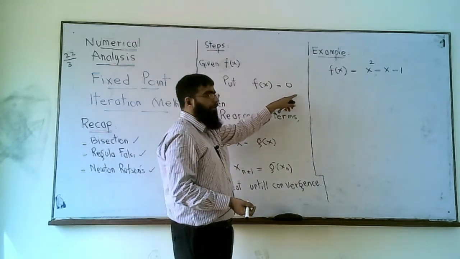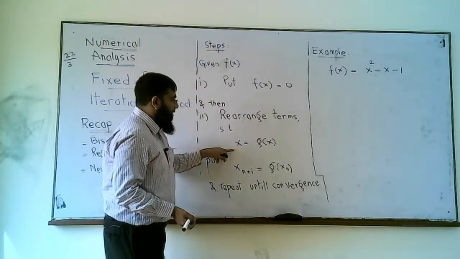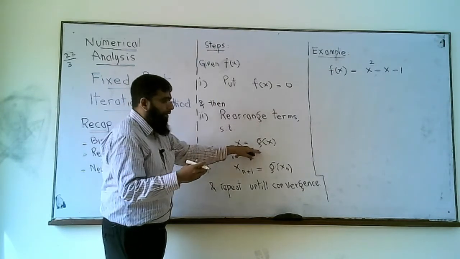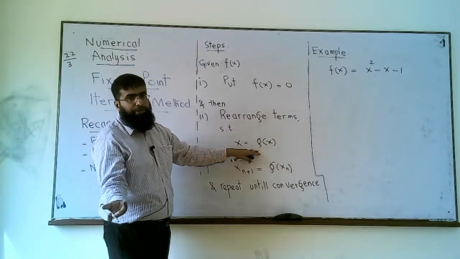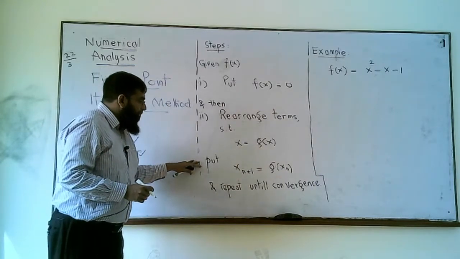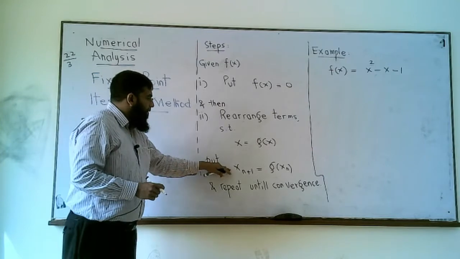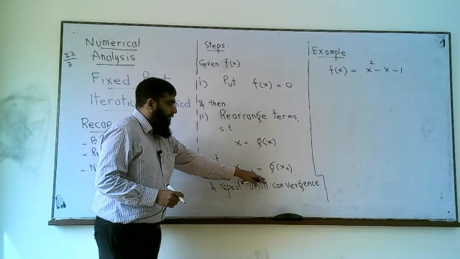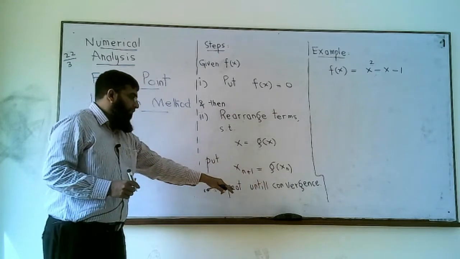Given this f of x, we'll put it equal to 0 and rearrange terms such that we have x on the left hand side and everything else on the right hand side, and we'll call that g of x. And then we'll iterate by putting x sub n plus 1 equal to g of x sub n.